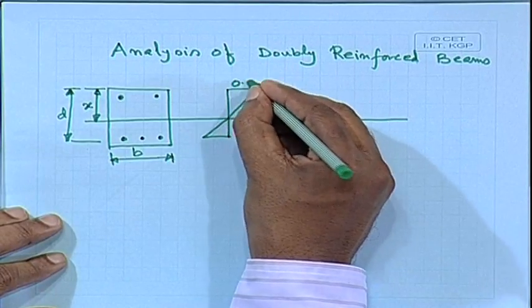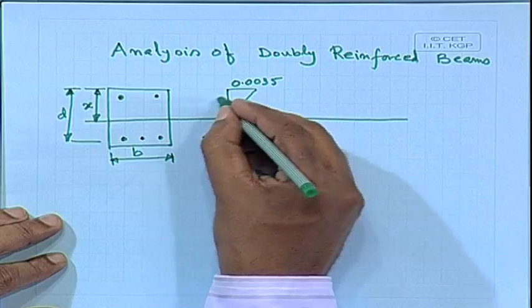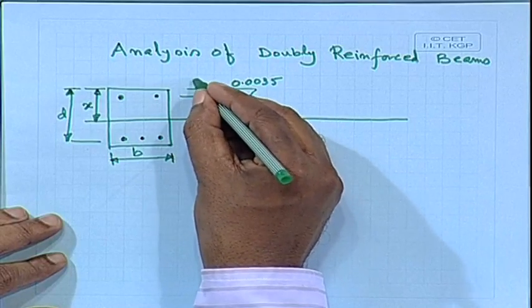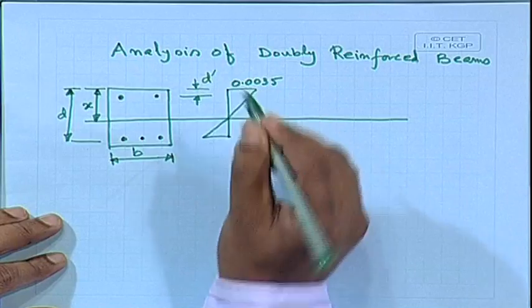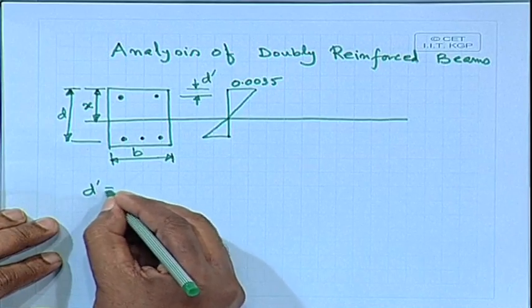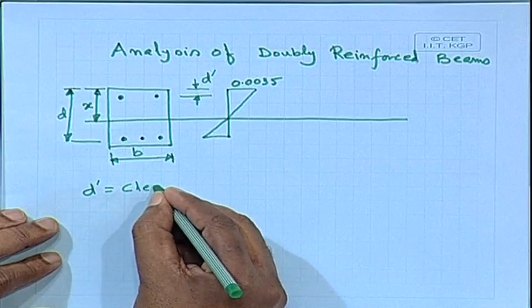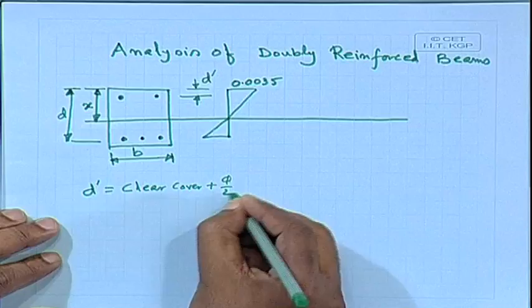Point 0035. What about this portion? Let us say this is effective depth D dash. D dash equal to clear cover plus phi by 2.